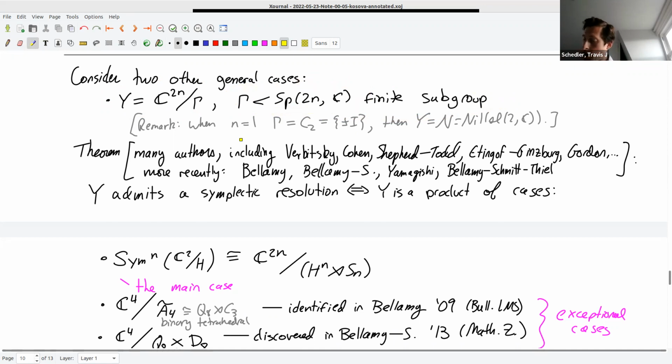Many authors, I can't list them all, but ending with my collaborators and myself to some extent, have classified when these admit a symplectic resolution. And the fact is that although there are gazillions of finite subgroups Gamma, in particular any finite group of n by n matrices can be thought of as living in the symplectic transformations of 2n by 2n space, of all of those gazillions, there are only a few cases where you have a resolution.